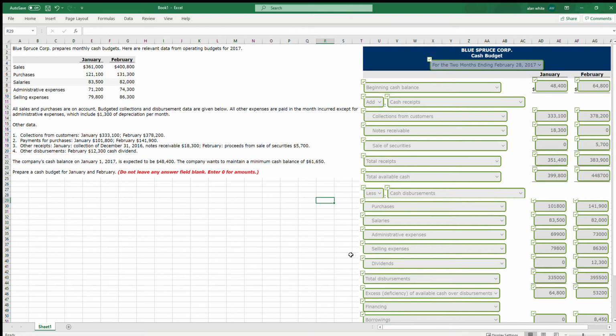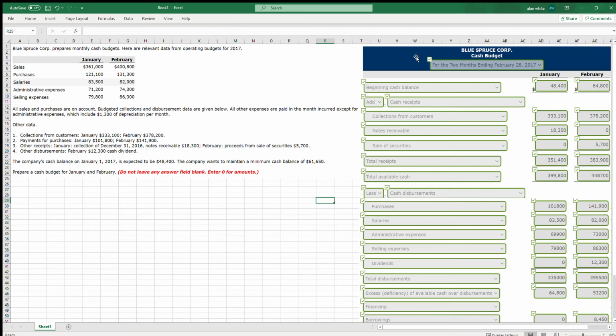So we're going to go ahead and look here. We're going to first observe that the problem wants us to create a cash budget for 2 months, both January and February, for Blue Sports Corporation. That's important to note because each month builds upon itself.